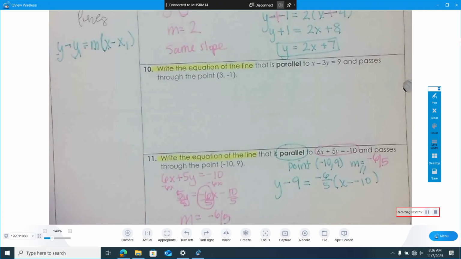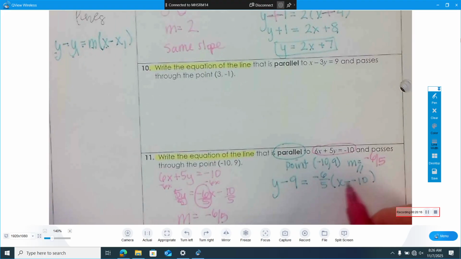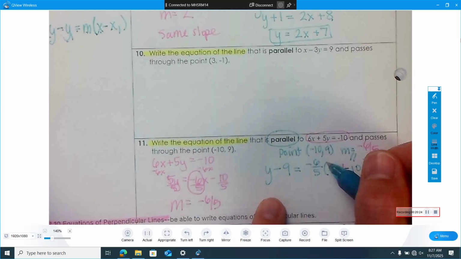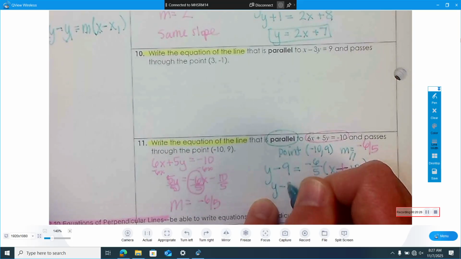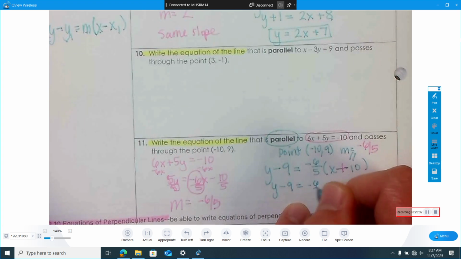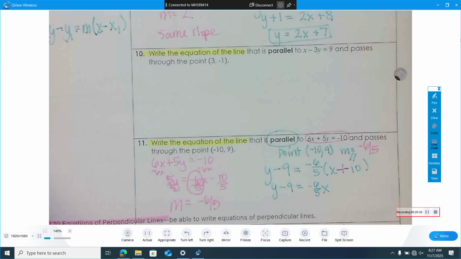Okay. All right. Gonna clean up my signs here a little bit. I got minus a negative 10. That becomes a plus 10. And I need to distribute. Again with the fractions. I have y minus 9 equals, what's negative 6/5 times x? Negative 6/5 x. All right, what's negative 6/5 times 10?